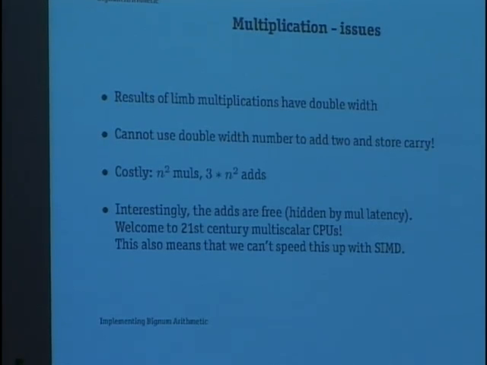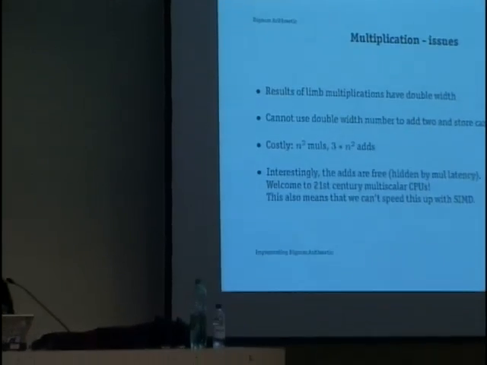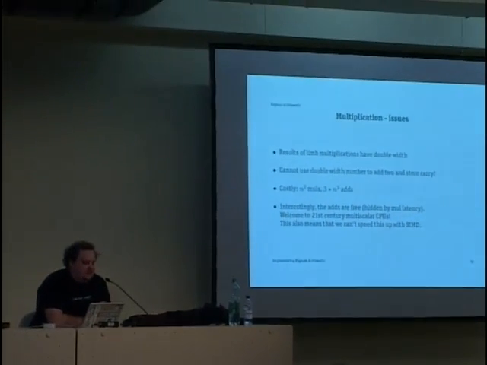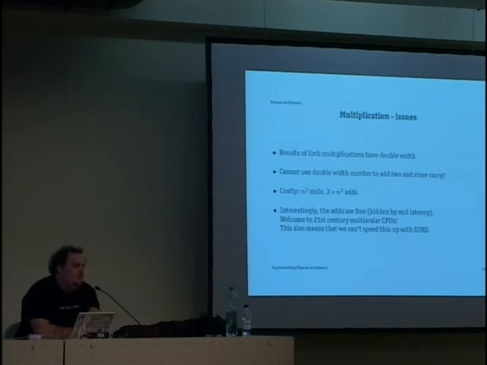Interestingly, if you implement this, it turns out the adds are free, because in the CPU you have pipelined multiplications and superscalar stuff, and during the wait for the multiplication to come back with the result, the adds from the previous round are done. So I noticed this when I decided to do the first step, or all the multiplications, with SIMD instructions, so the vector instructions of modern CPUs, right?